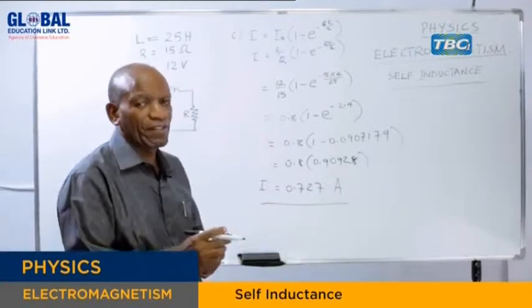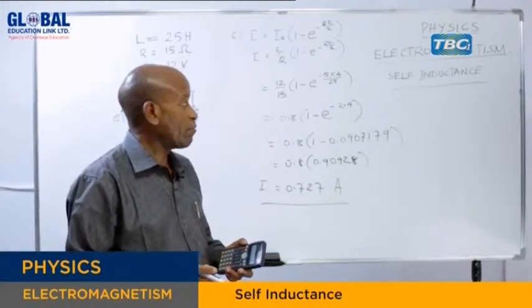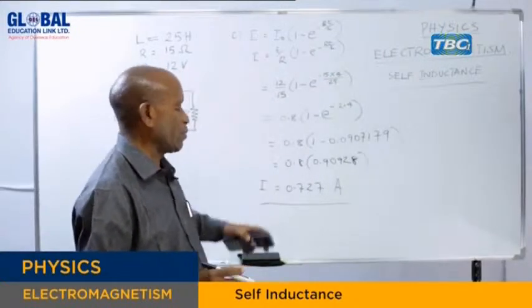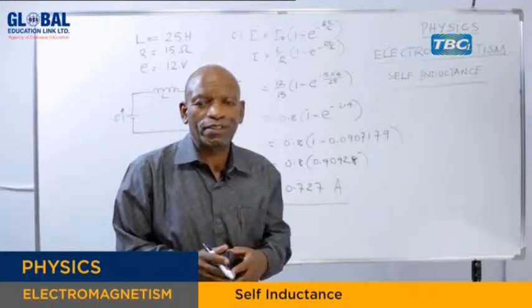This is the current in the circuit after 4 seconds. This will just be the current flowing in that particular circuit.